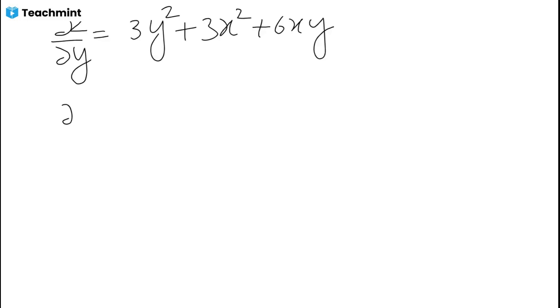Now let us find the second order derivative with respect to y. We get 6y plus 0 plus 6x.